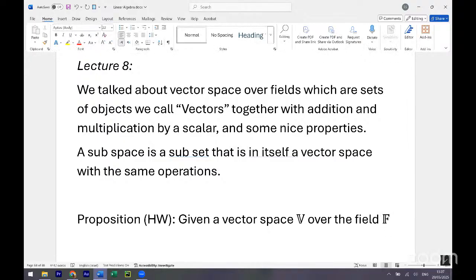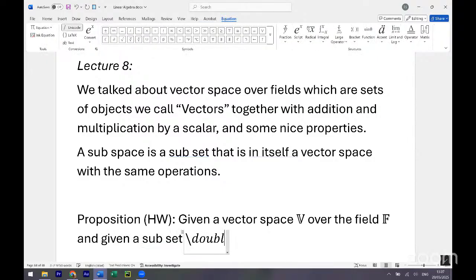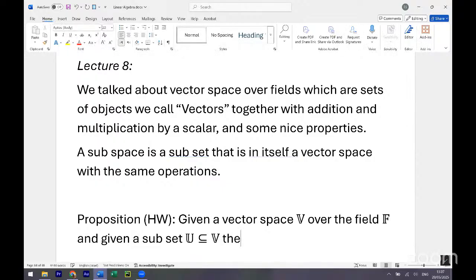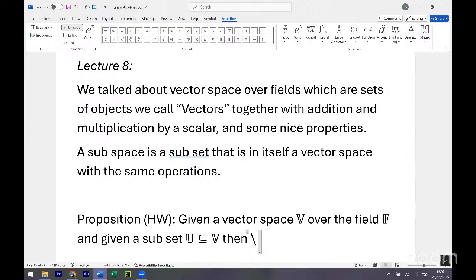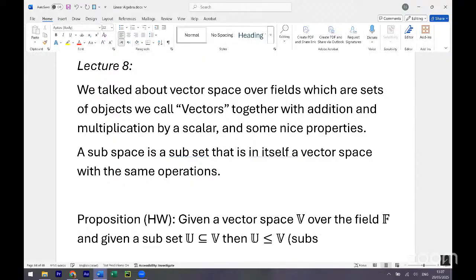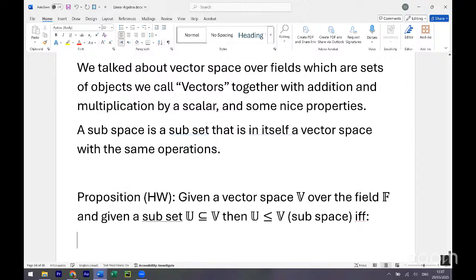So given a vector space V over the field F, and given a subset U of V, then U is actually a subspace of V if and only if the following two conditions hold.